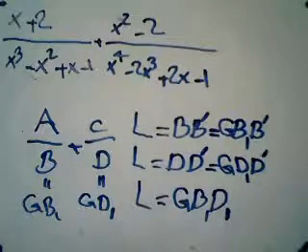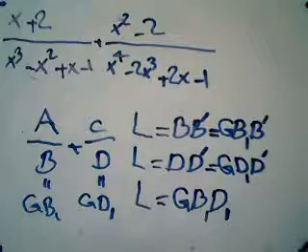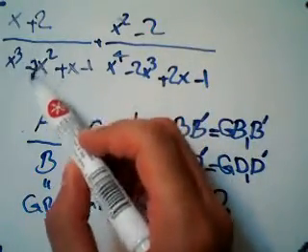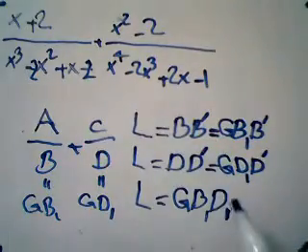Okay, let's go on with the example, but let's change the denominators a little. This is -2 and this is -2.